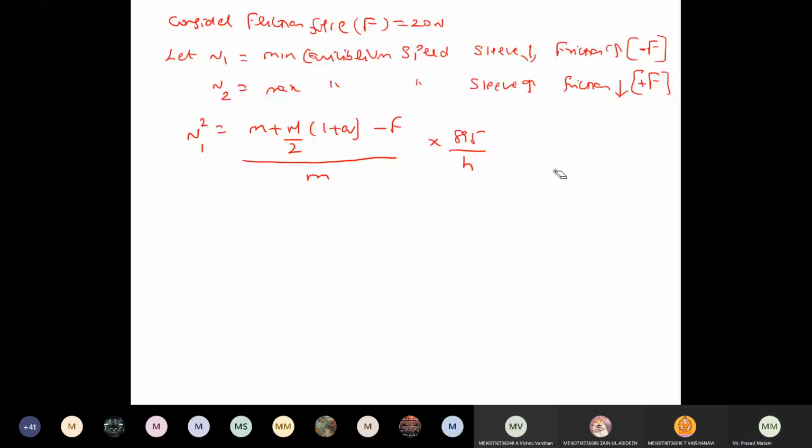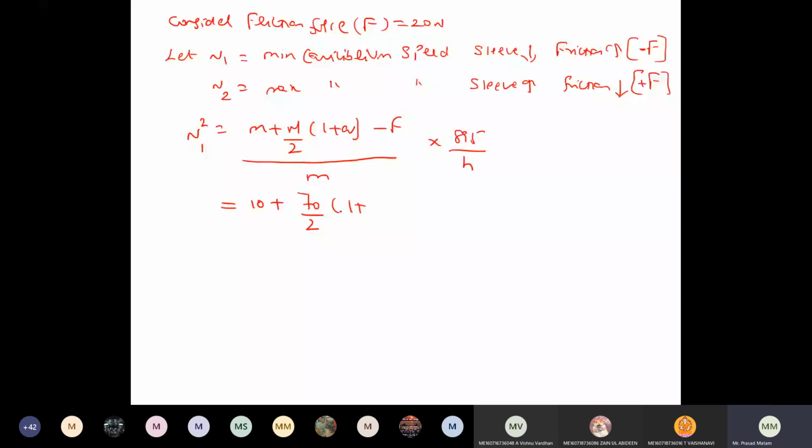Okay, M is 10 plus 70 by 2 into what is Q we got?